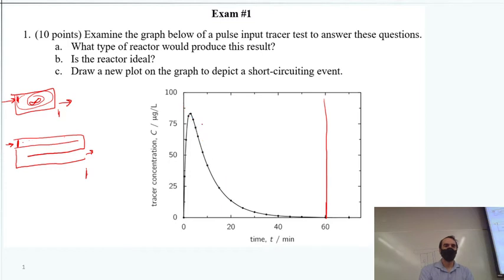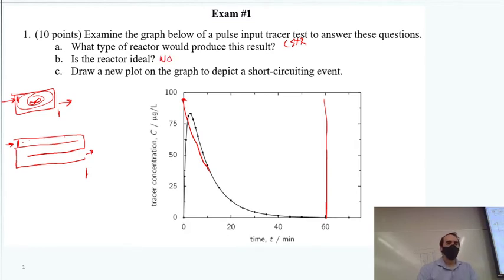So this plot looks similar to an ideal CSTR, but since it's not immediately mixed, we don't have the high concentration start right here, because it would look more like that if it was perfectly mixed. So this would be a CSTR, and not quite ideal.